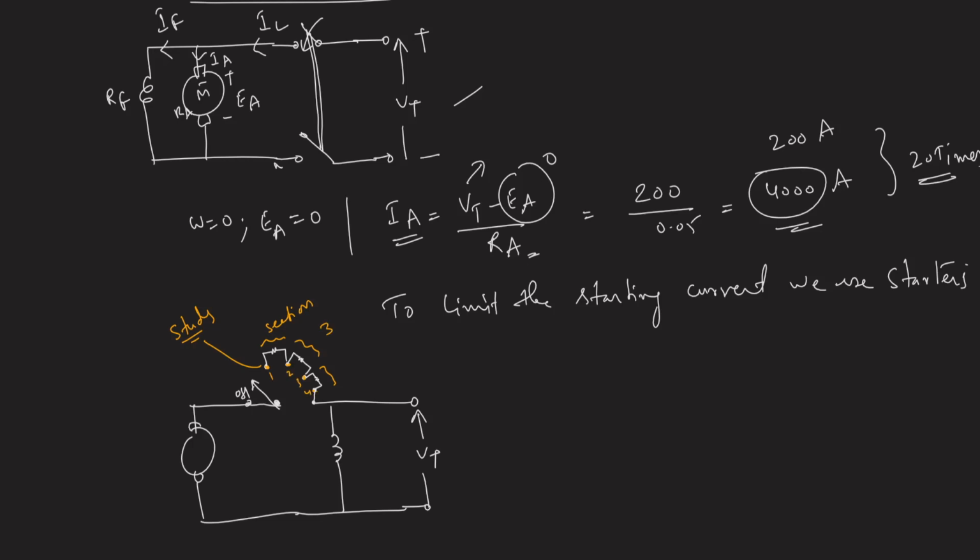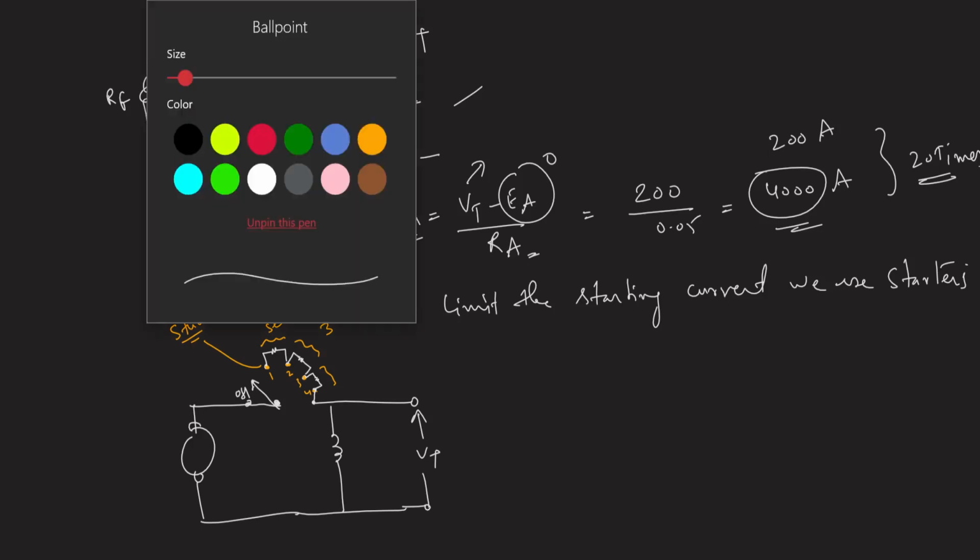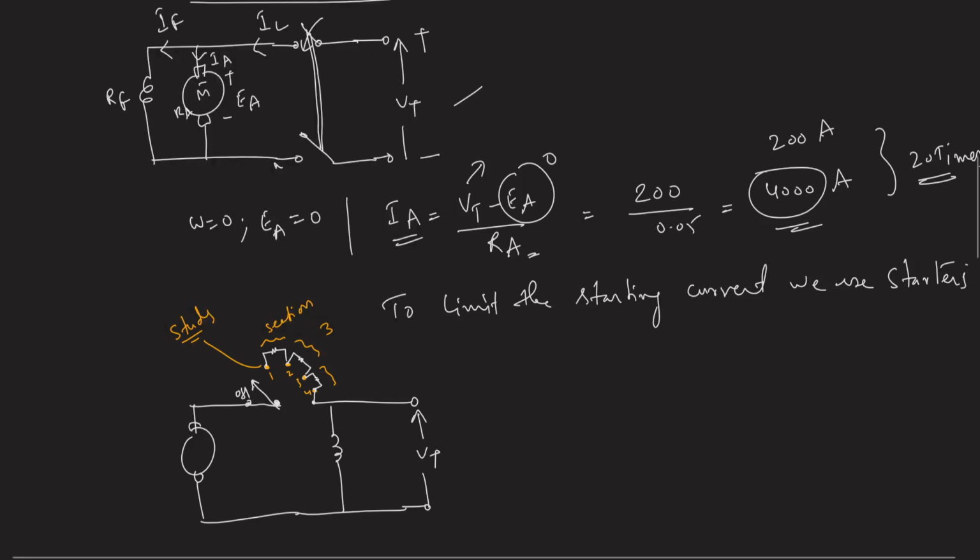When I place the pointer on this stud, the motor is off, right? Now when I move this to the first stud, then this entire resistance is connected in series with the armature, and hence the inrush current during starting, Ia, is limited, right?